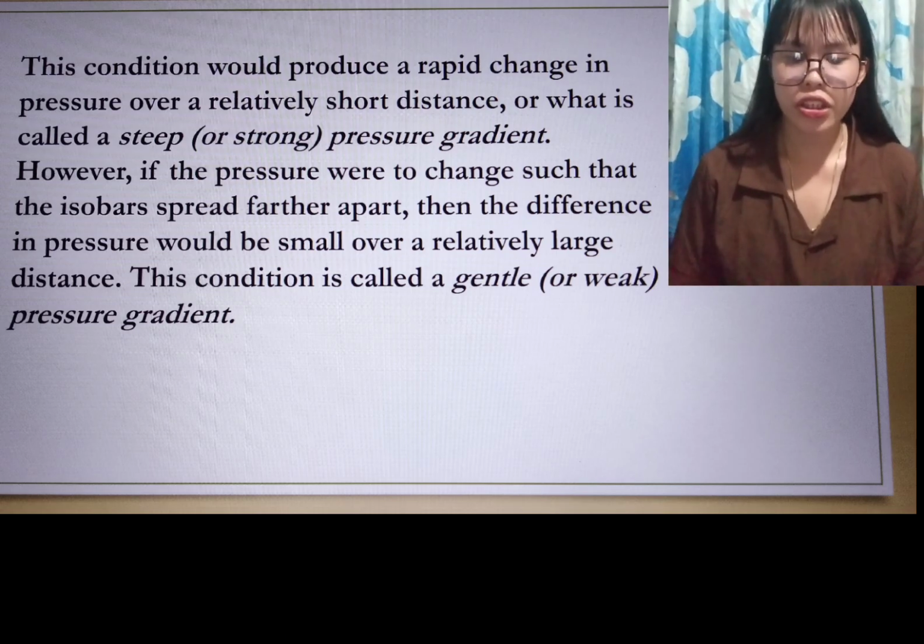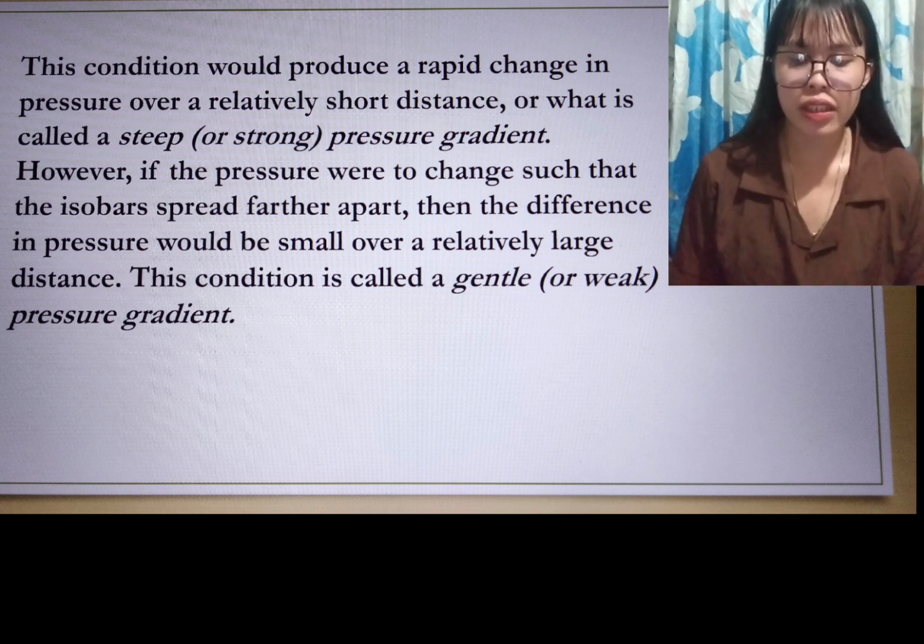So, this condition would produce a rapid change in pressure over a relatively short distance, or what is called a steep or strong pressure gradient. However, if the isobars spread farther apart, then the difference in pressure would be small over a relatively large distance.